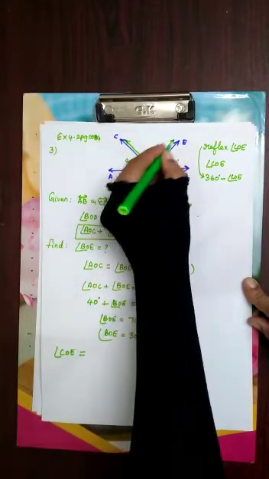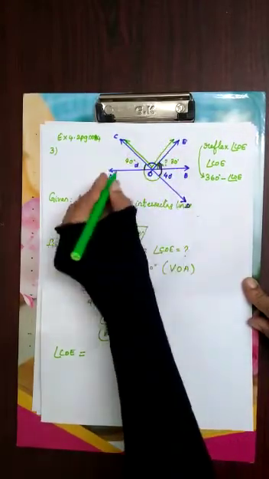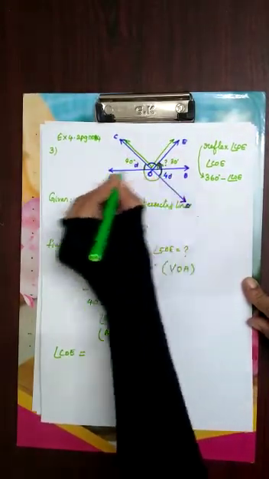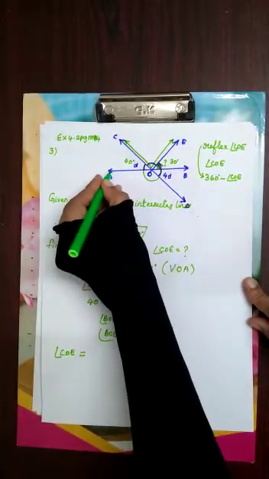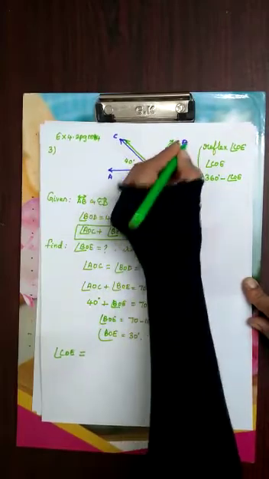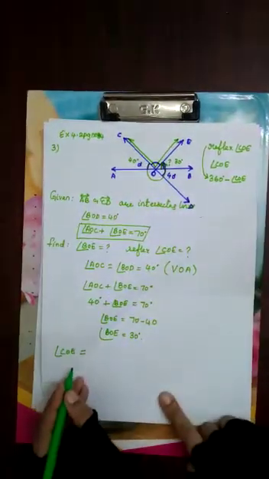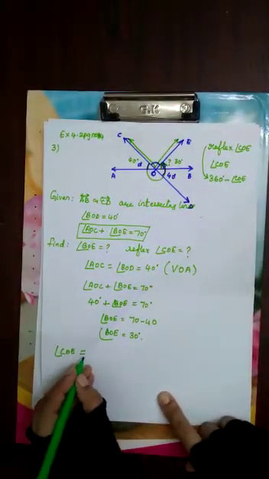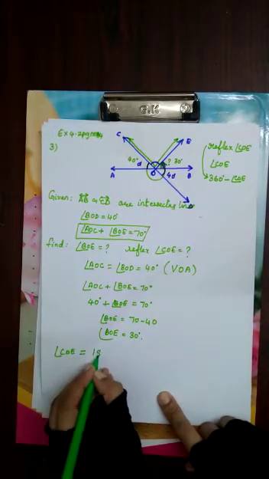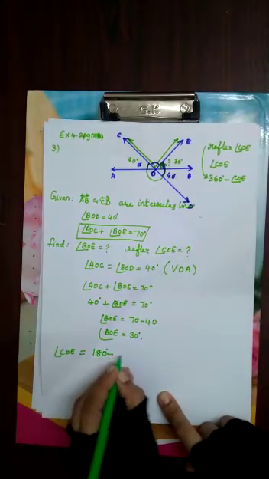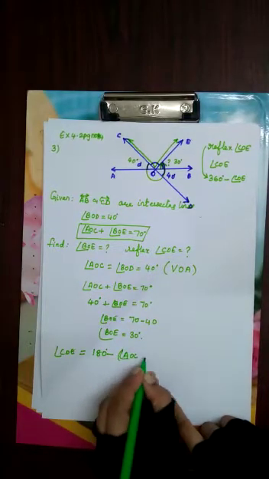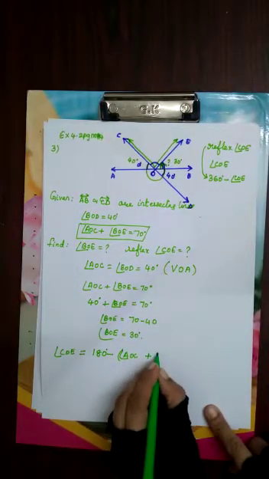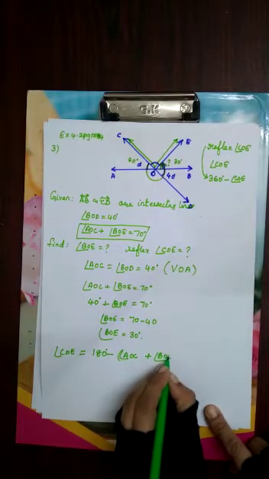Now if I have to find the angle COE, I will consider angle AOB, this complete straight line, minus AOC and BOE. Let me write it. Angle COE is equal to 180 degrees minus angle AOC plus angle BOE.